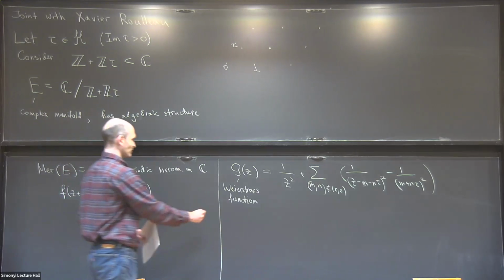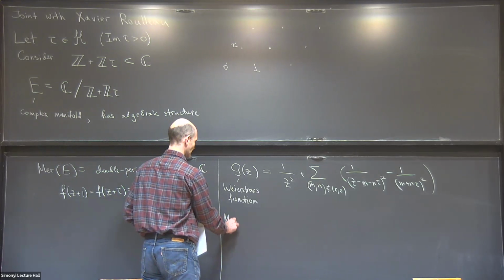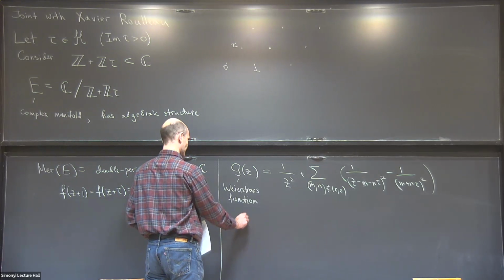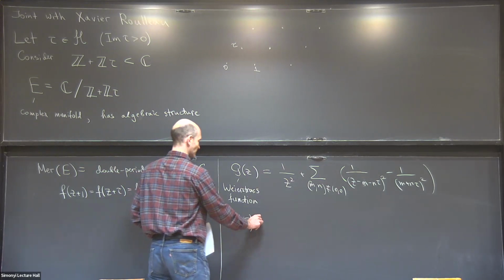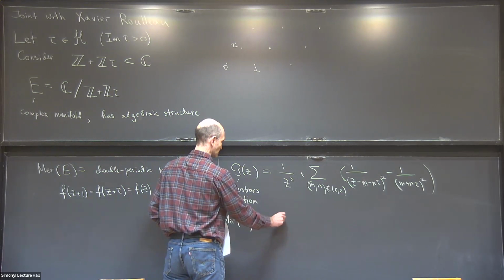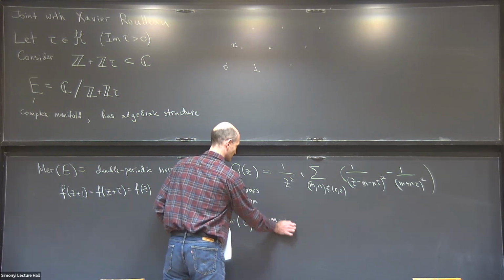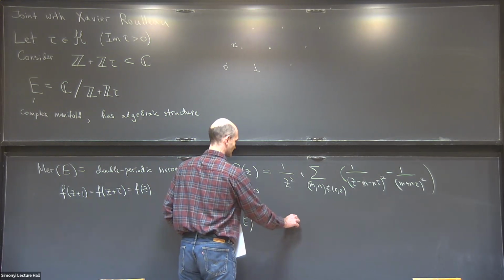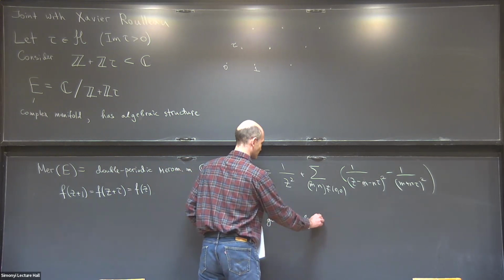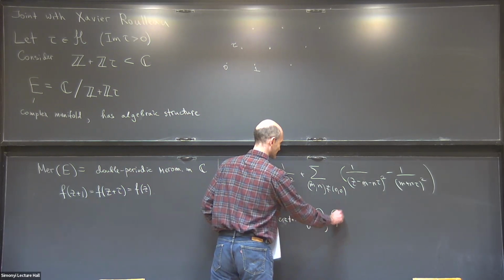And then the field of meromorphic functions on E is generated over C by the Weierstrass function and its derivative.